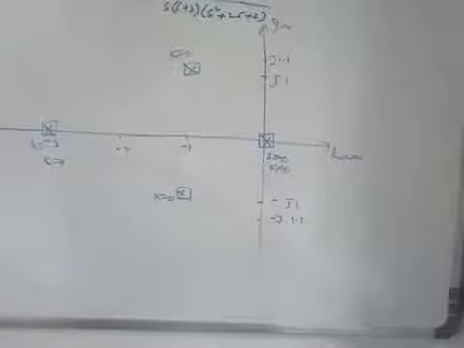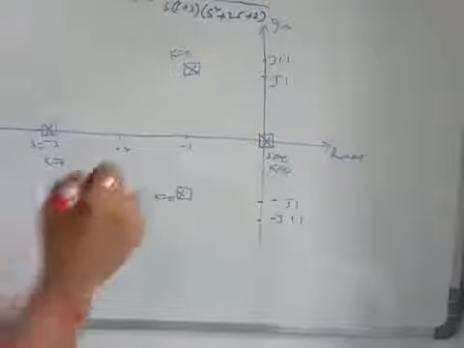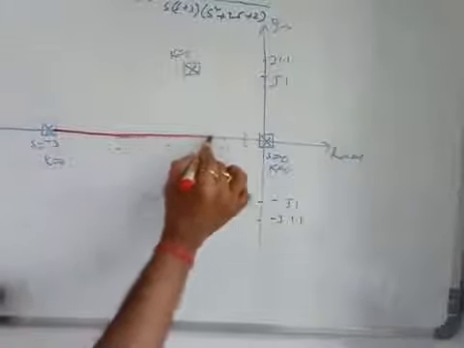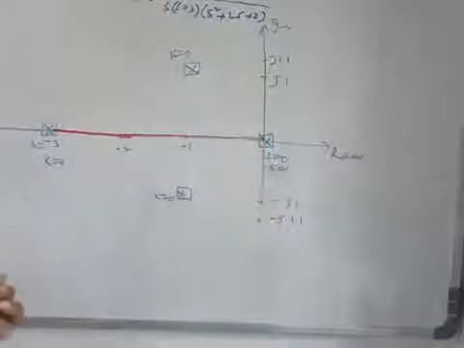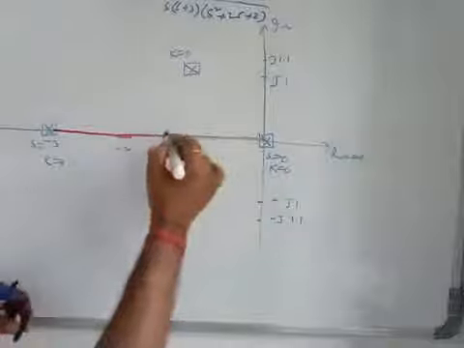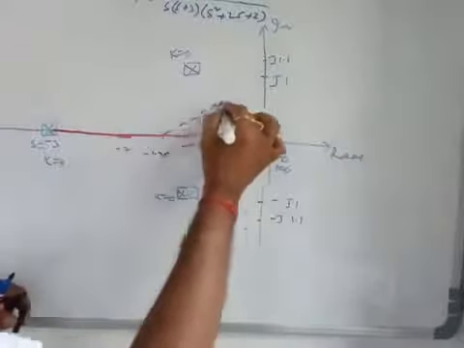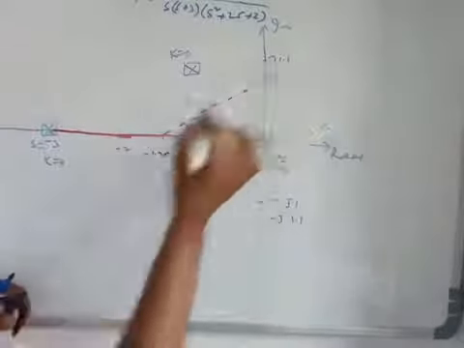So I will draw the final structure, that is your branch, and you see the values. That means this is minus 1.25, so this is one asymptote.